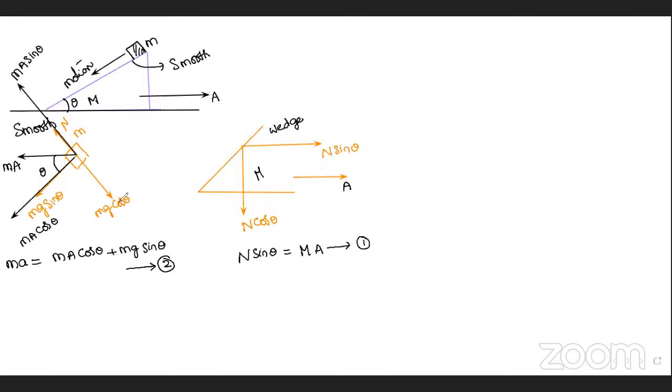So along the y-axis, means along this line, there is no motion. That's why upward force N plus ma sin theta should be equal to mg cos theta. Why? Because there is no motion along that line. Those two are equal. This is equation 3.